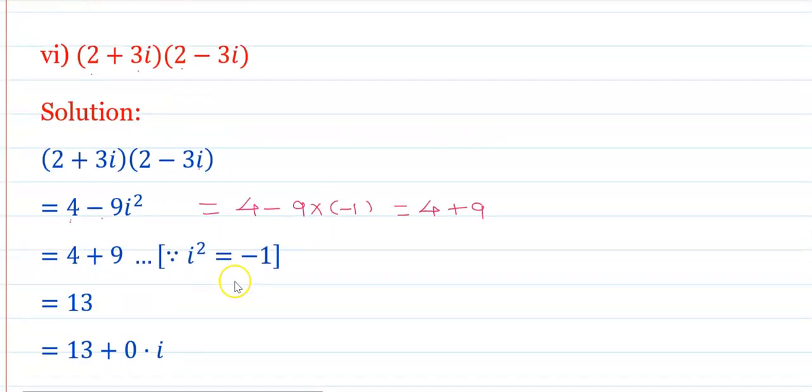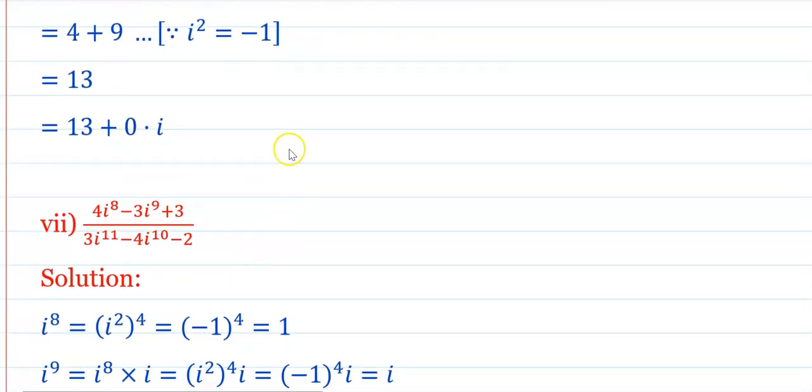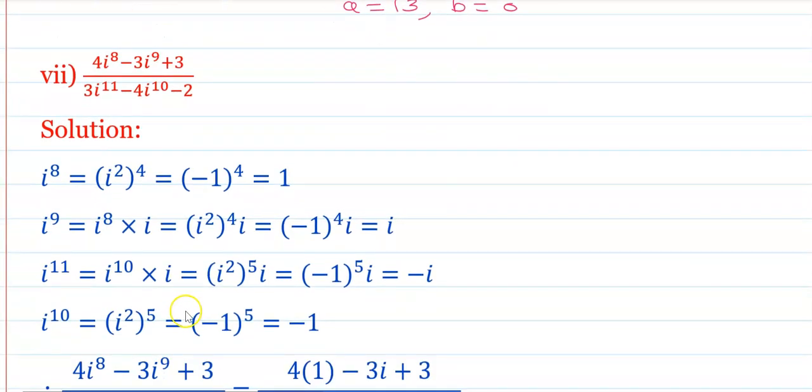And again, it is of the form a plus ib. Here a is equal to 13 and b is equal to 0.